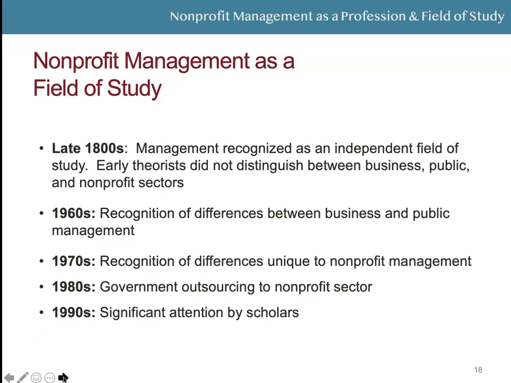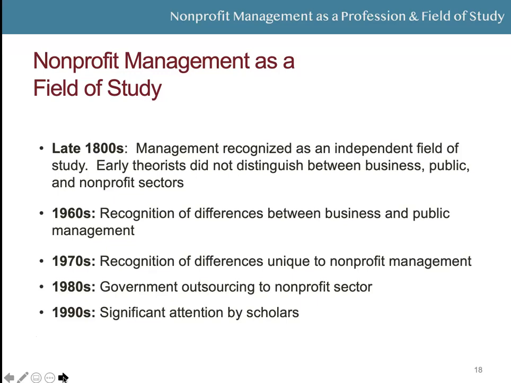Scholars started taking a look at management, and that's when the ideas of scientific management came along. And so at the time, there was no particular need to distinguish an actual for-profit business from any other type of organization. But around the 1960s, they started to recognize some key differences.